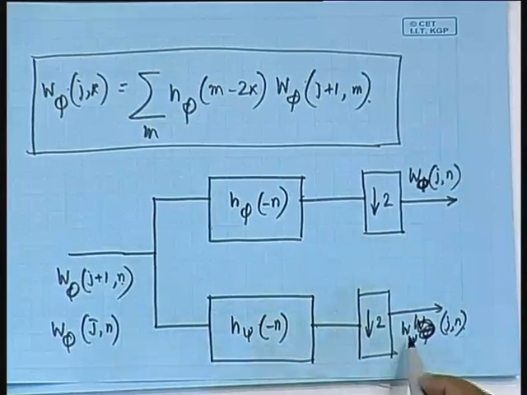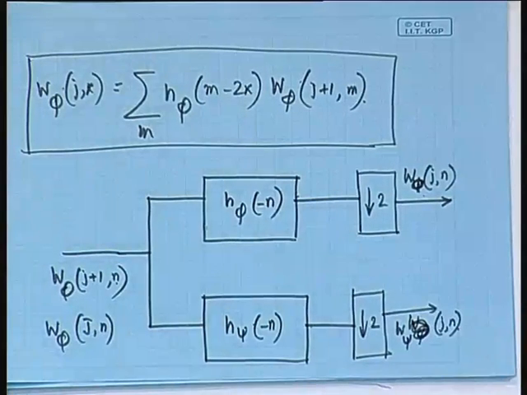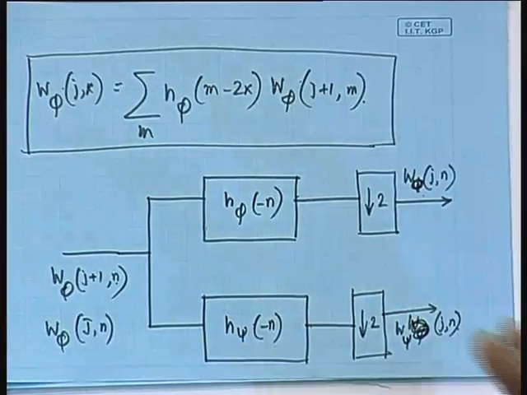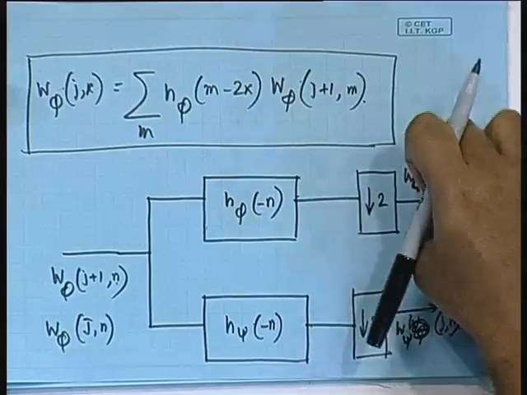So, this is the low pass filtered version, this is the high pass filtered version, and I can apply it iteratively.